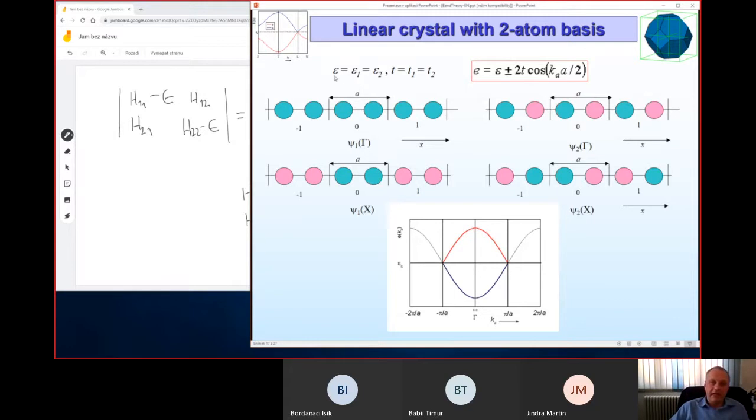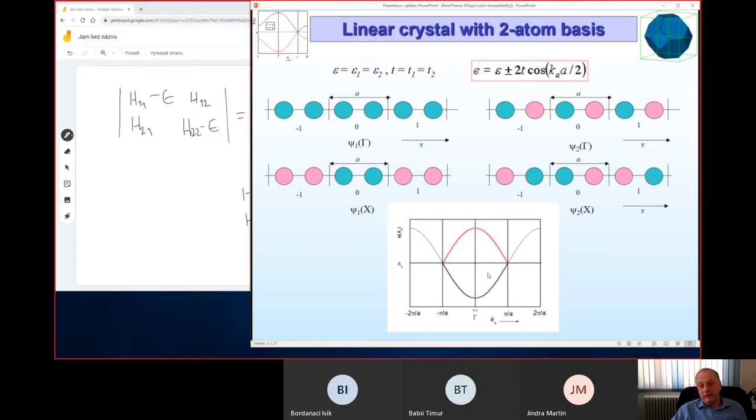So in the simplest case, where both orbitals have the same energies, so E is equal to E1 and equal to E2, and also the transfer integrals within a given unit cell and with the neighboring unit cells are the same, we just obtain the energy which is equal to this expression. It differs from the previous case only in the argument of the cosine function, which is k a over 2.